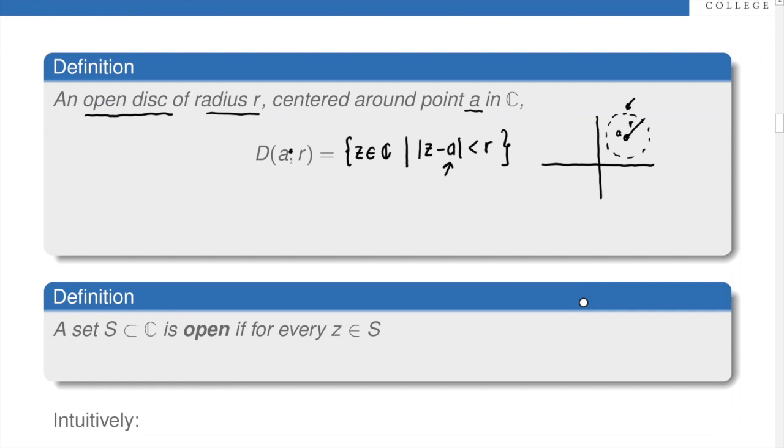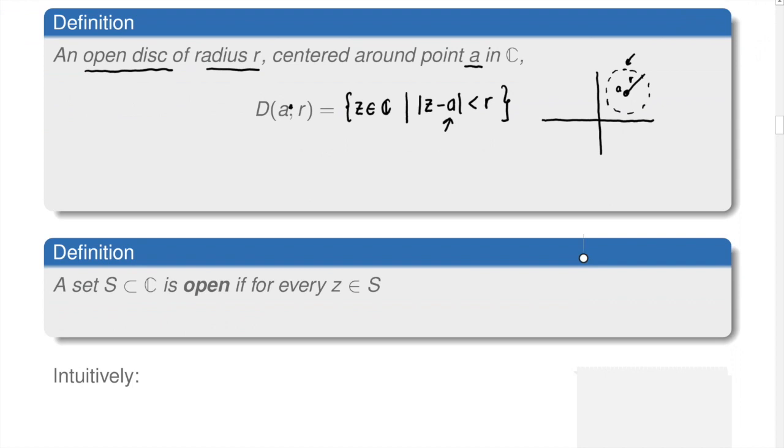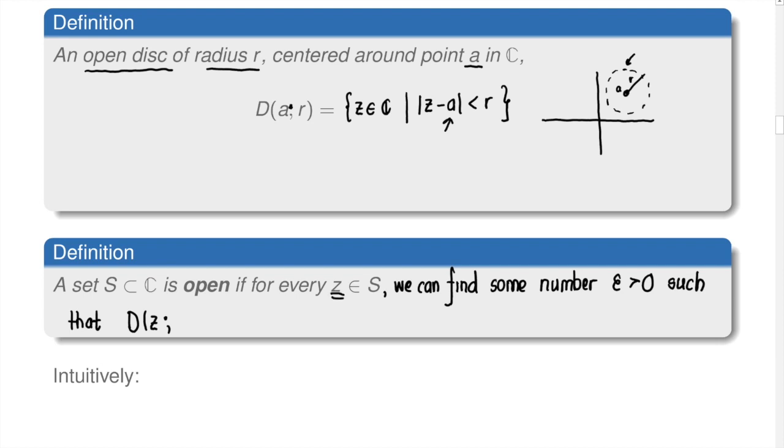A set S is open if for every Z in S, we can find some number epsilon, which is greater than 0, such that the disk centered at Z with radius epsilon is contained in S. Another way of saying this is that this disk is a subset of the set S. So a set is open if no matter what point I pick in that set, I can find a disk around it of some radius so that the disk is completely contained in S.